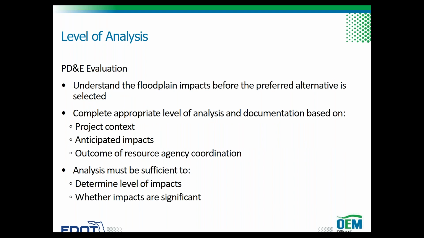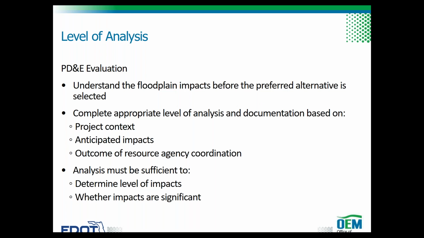Complete the appropriate level of analysis and documentation based on the project context, anticipated impacts, and outcome of any resource agency coordination. There are 4 levels of encroachment as they pertain to the base floodplain involvement: no involvement, no encroachment, minimal encroachment, and significant encroachment.